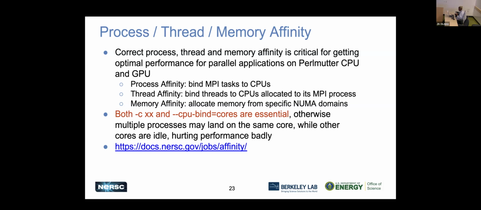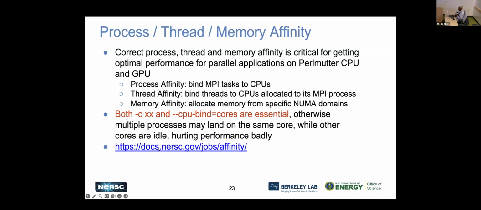If you use multiple processes, you want to make sure you CPU bind to cores so that you don't have multiple processes trying to do work on the same core, which is inefficient, right? That defeats the whole purpose, so that can hurt your performance.